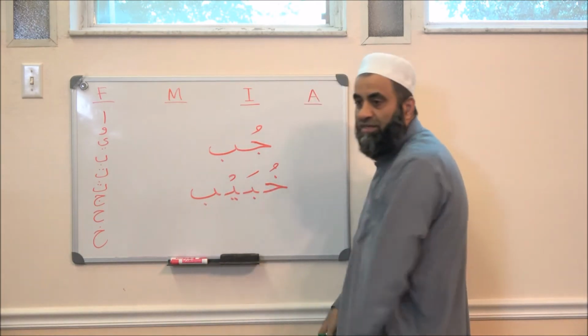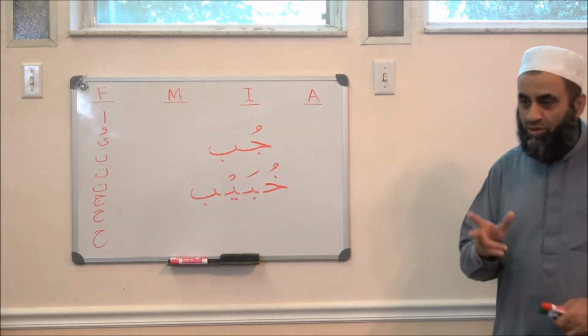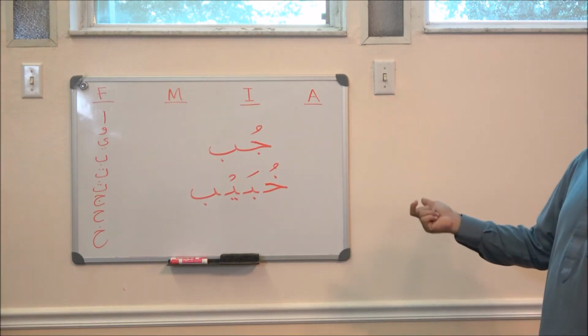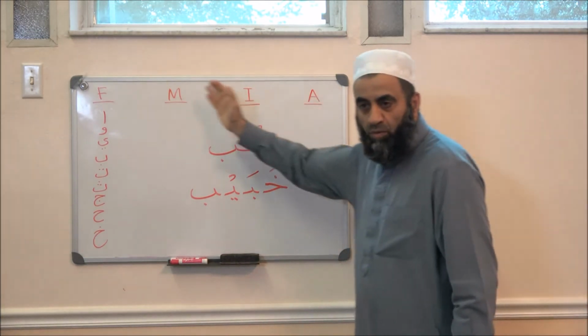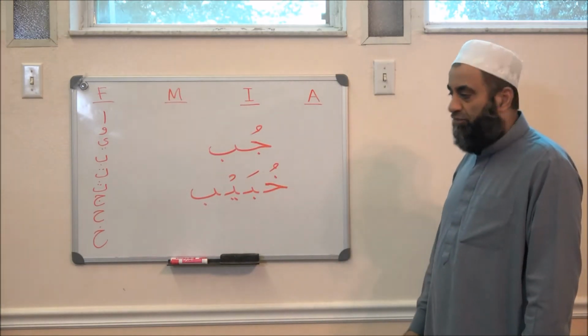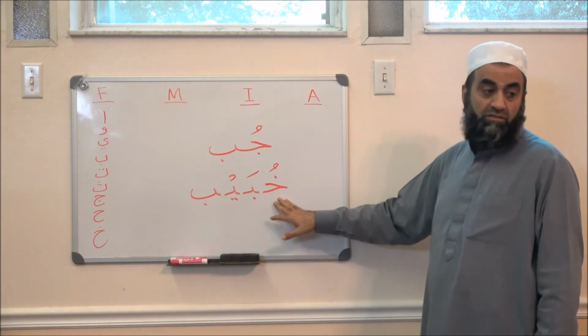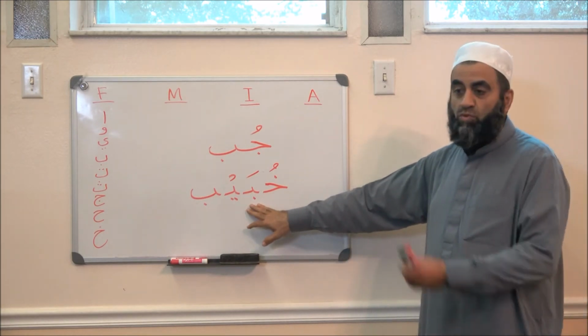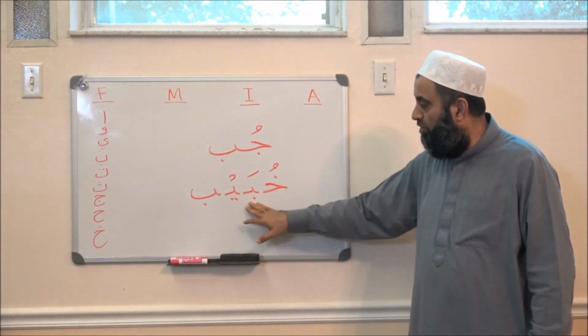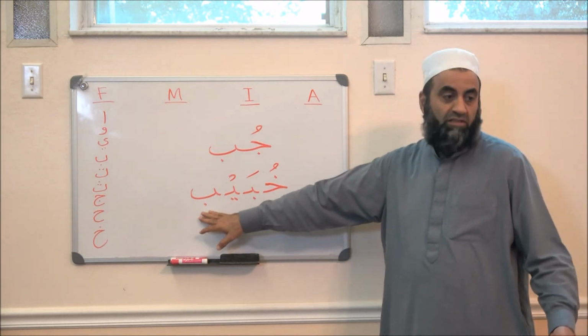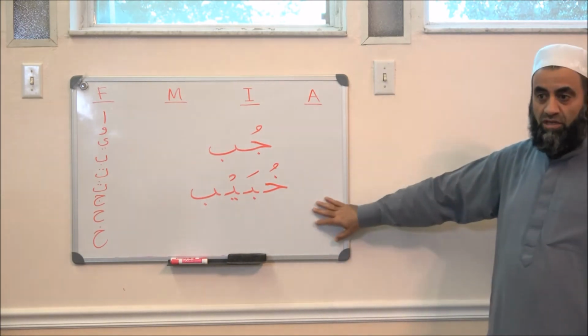And this is my Ba at the end. Am I making sense to you? So if you cut it, you will see it. That's why we always put them on the board in that form. Initial, middle, final. Initial because it's the first letter. Middle because there is one before it, one after it. And final because it's the final letter. Okay, makes sense inshallah to everyone?